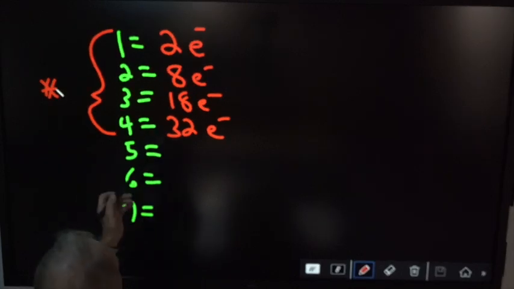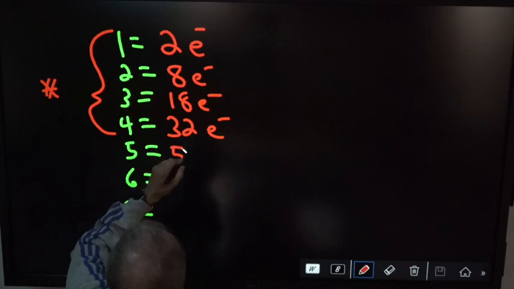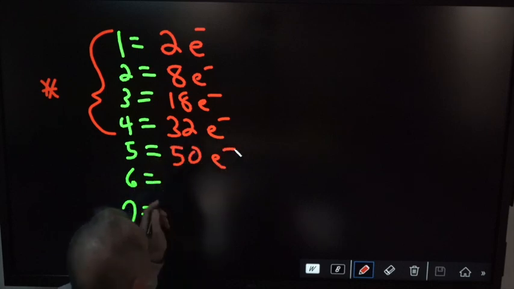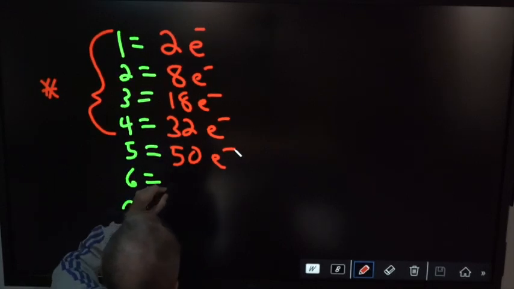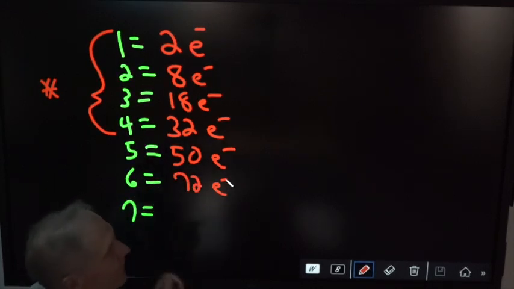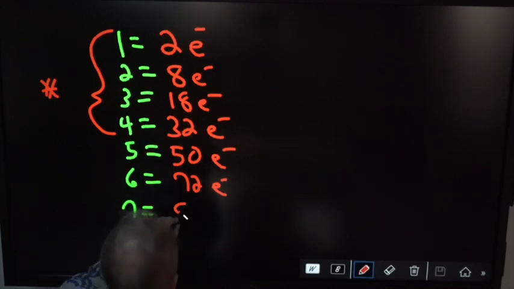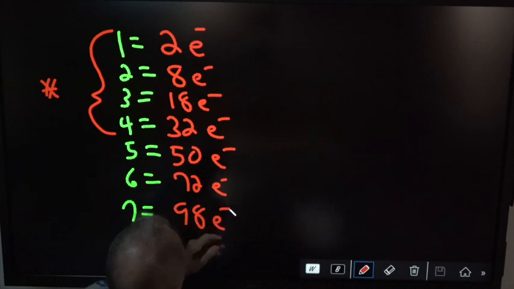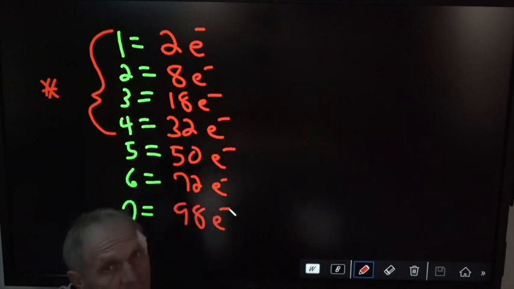But let's go on. 5 times 5 is 25 times 2, that's 50 electrons. 6 times 6 is 36 times 2, that's 72 electrons. And then 7 times 7 is 49 times 2, that's 98 electrons. That's how many electrons could fit in each energy level or shell.